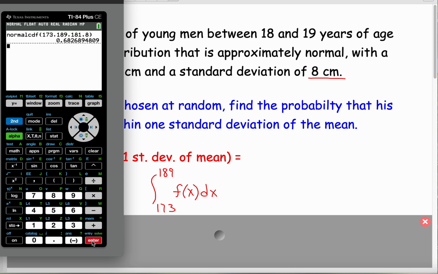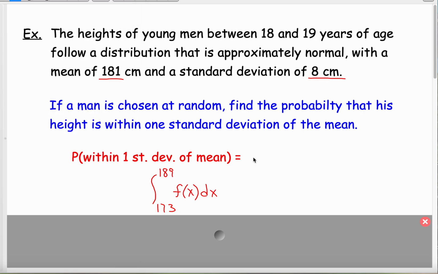And boom. There's your little more than 68% that we saw on the previous screen in that picture. So we'll say 0.683 for our answer here, or 68.3%. It doesn't matter whichever way you want to write it. Just make sure it's clear where the decimal point is.